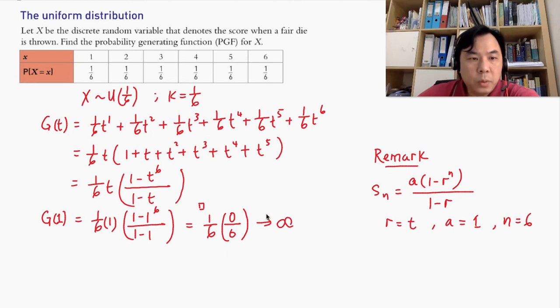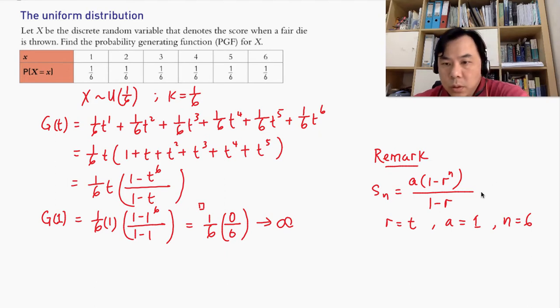We're going to go through what we have done here and recognize if there's any small detail that we missed out. First of all, for this sum of geometric series, there's a restriction on the common ratio that we need to pay attention to.